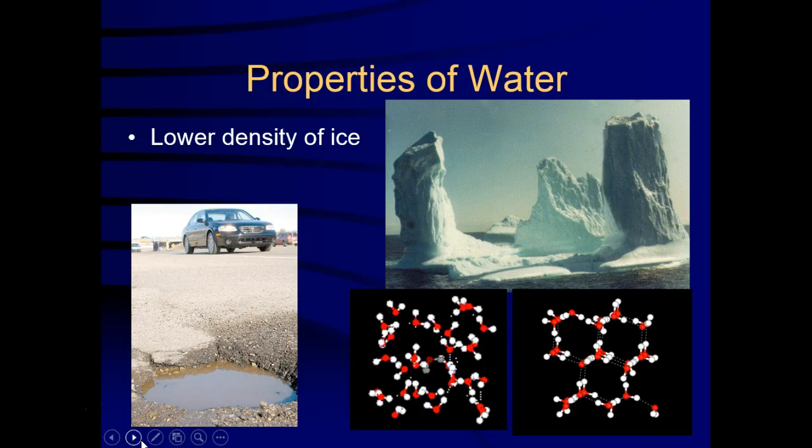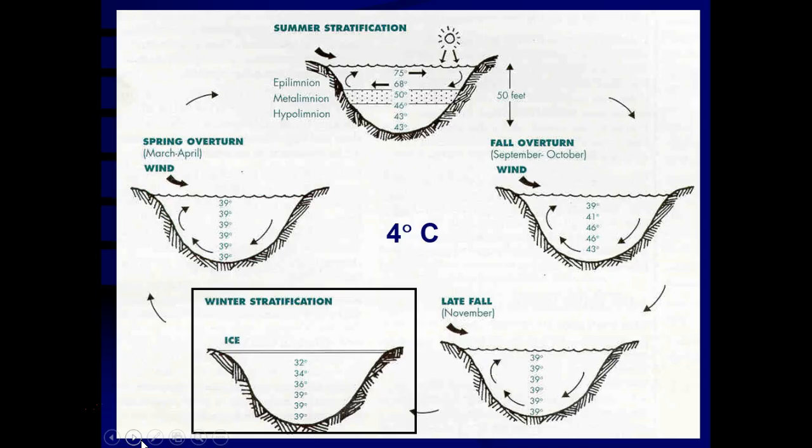Turns out that we know the temperature at which water is the most dense as a liquid. It turns out that at 4 degrees Celsius, that's 39 degrees Fahrenheit, is when water is the most dense as a liquid.